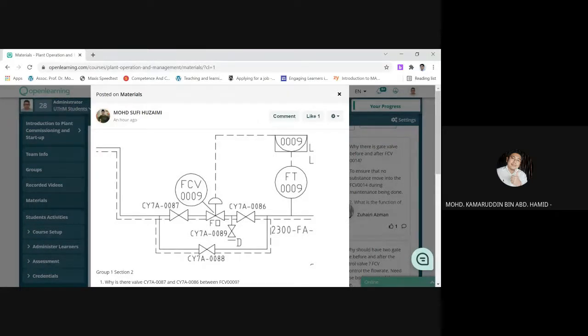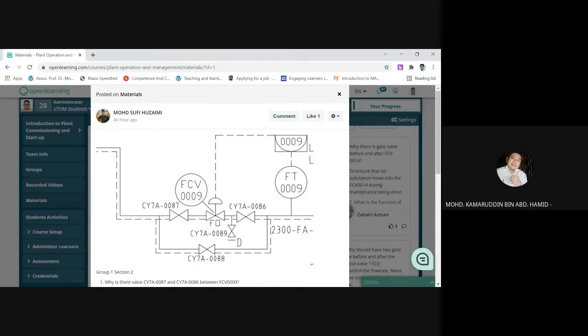Okay, another thing that you need to take care adalah tentang alarm. Alarm system. Alarm is part of the safety instrument. Okay, and this alarm only can be monitored in the control room.